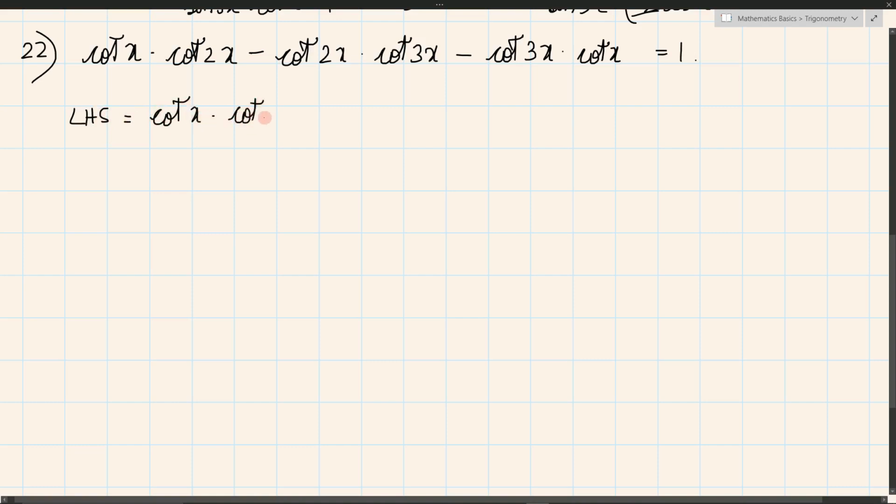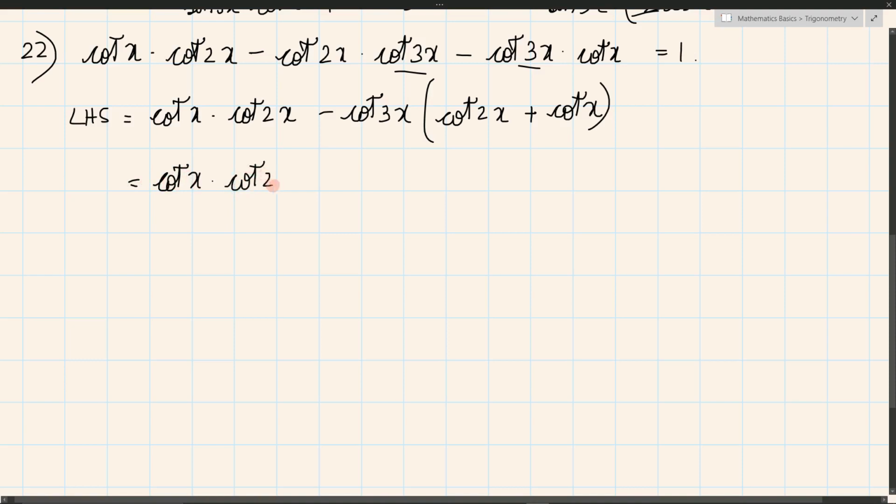I've written the first term as it is. So here I'll take the cot 3x as common. So I'll have minus cot 3x as common. So the remaining terms are cot 2x plus cot x, right? So this is nothing but cot x into cot 2x.